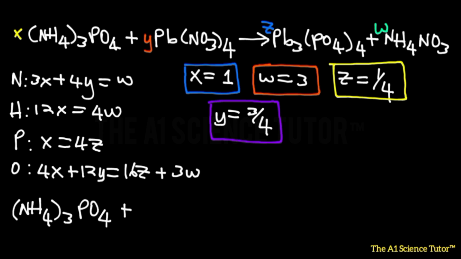And then for y, we have 3/4. That will be lead nitrate. And then you got z. Z, that is equal to 1/4. So that is 1/4 lead phosphate.